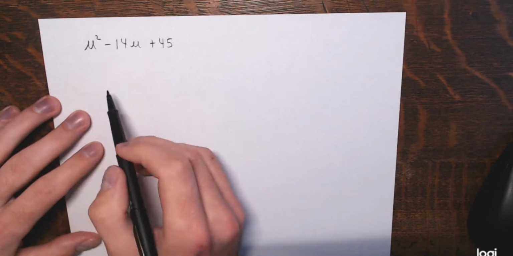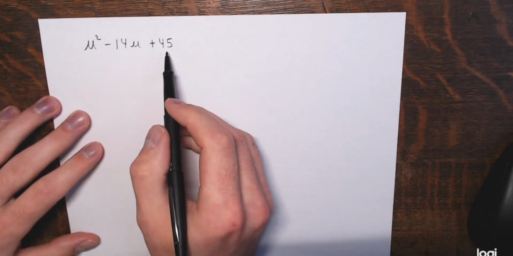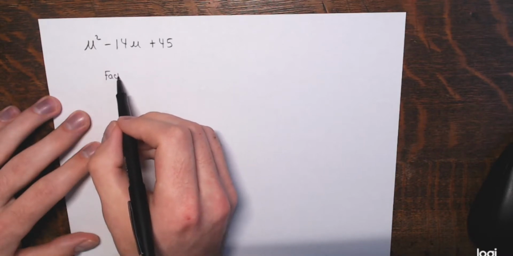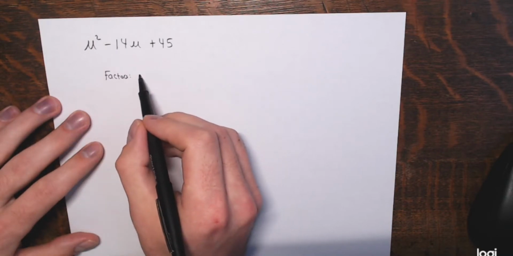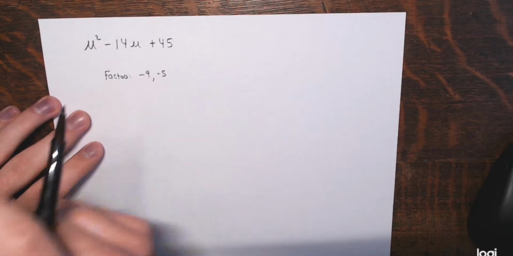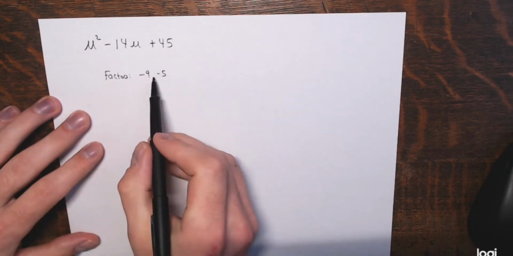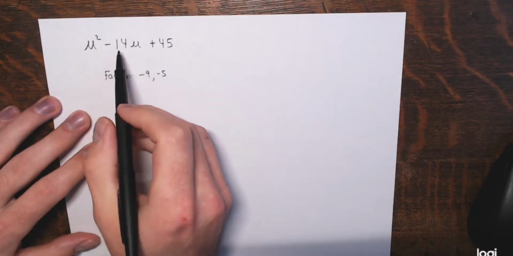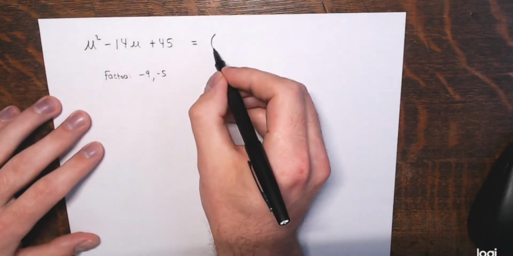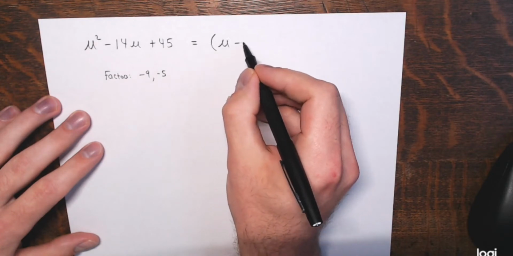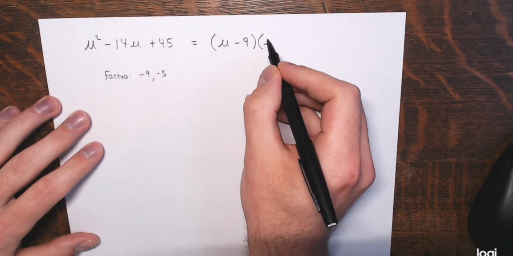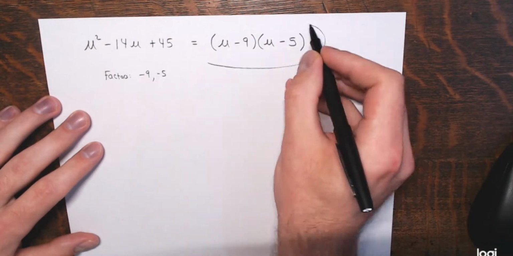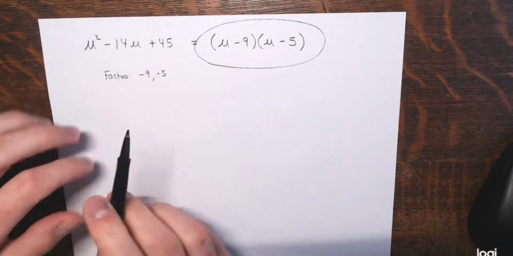I'm just looking for factors of 45 that add up to negative 14. I'm hoping you understand that those factors are negative 9 and negative 5. Those multiply to be positive 45, and they add to be negative 14. So this will simply factor to u minus 9 times u minus 5. And that's it. You can check it by multiplying, but it should work out.